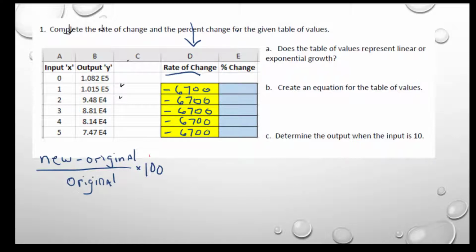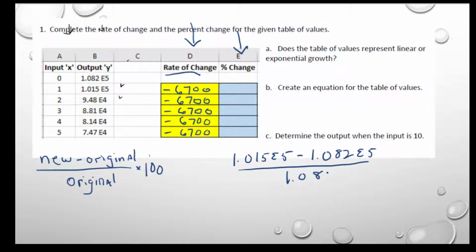Now I'm just going to do one of these and then put the answers in. But you want to try them. So the percent change is the new minus original, which is going to be, the new is going to be 1.015 e to the fifth. That's the new minus the original, 1.082 e to the fifth, divided by the original, which we started with, 1.082 e to the fifth.